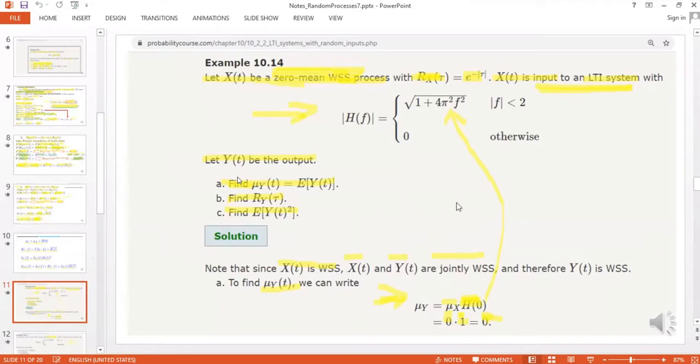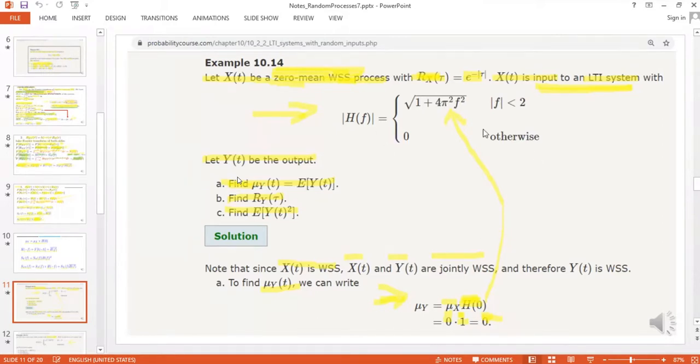We will use all the above results to solve this problem. Here it is given that x(t) is a zero mean wide sense stationary process, and its autocorrelation function is also given: Rx(tau) equals e raised to the power minus tau. x(t) is an input to an LTI system with a transfer function given to us instead of the unit impulse response h(t).